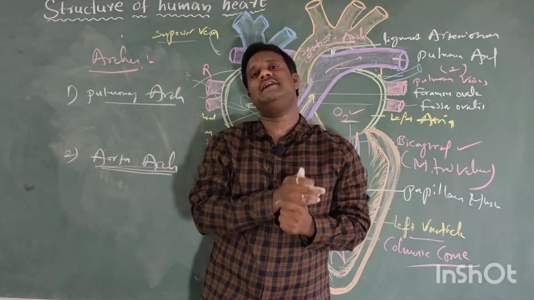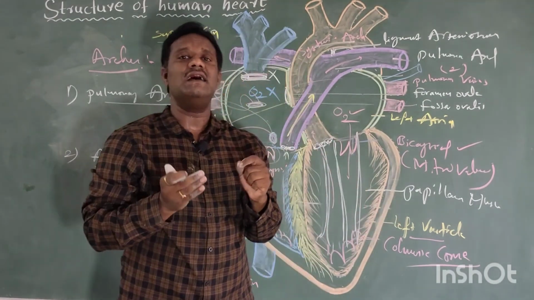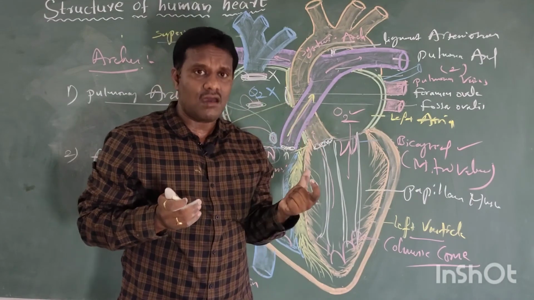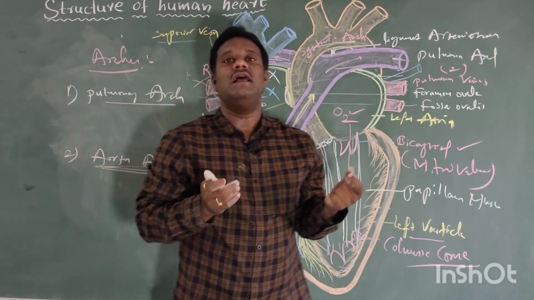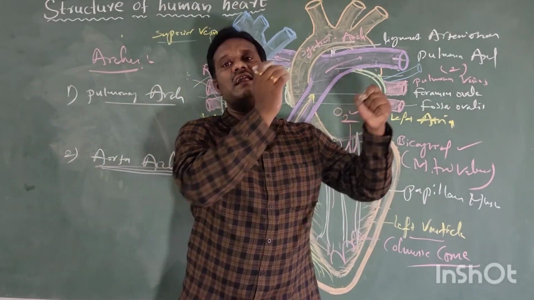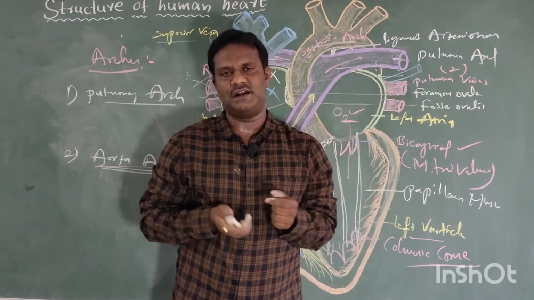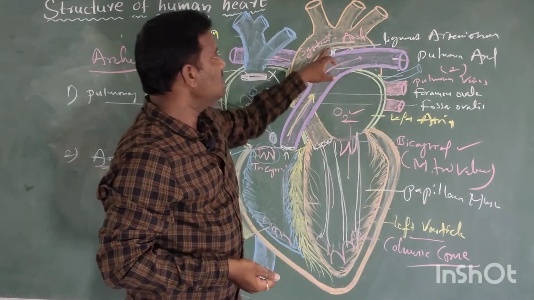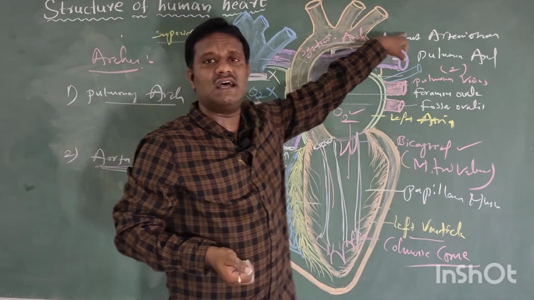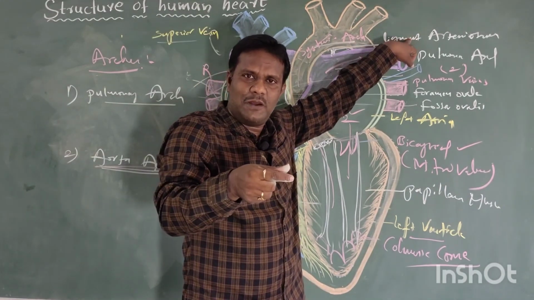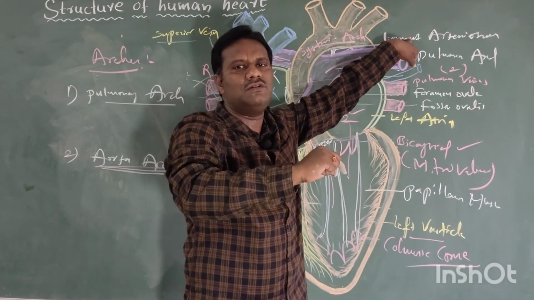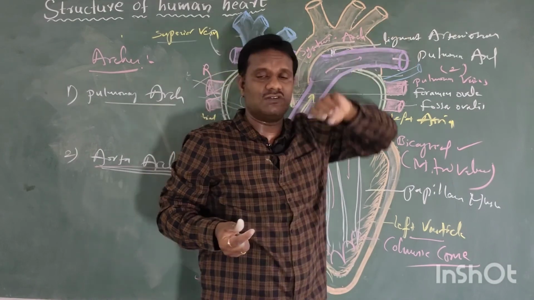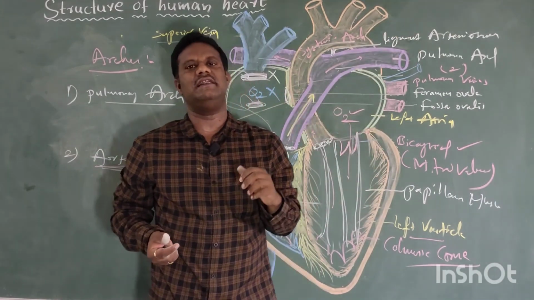In embryonic development, it is similar to a vestigial organ, and it is called the ductus arteriosus. This is most important for MCET and NEET bits, Nana.